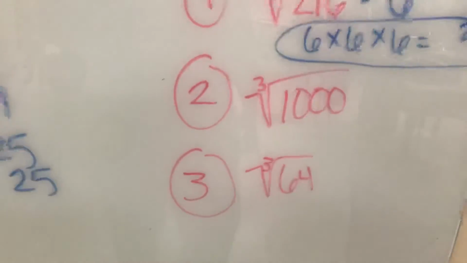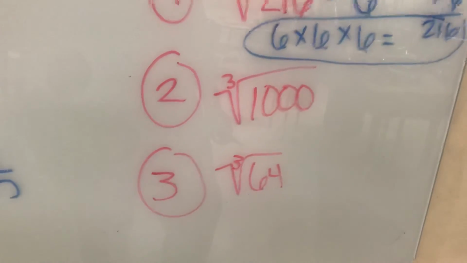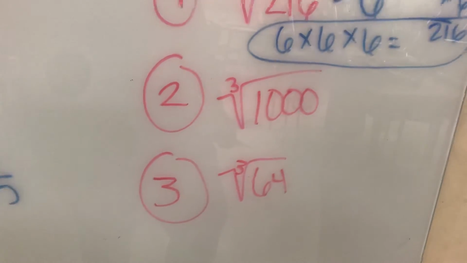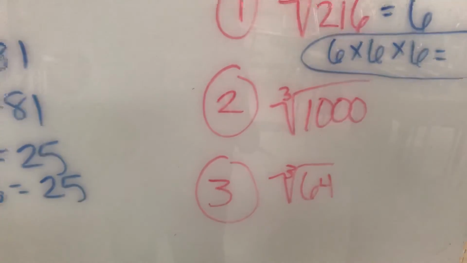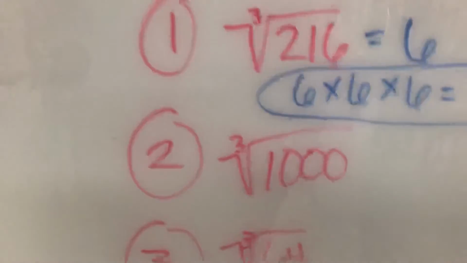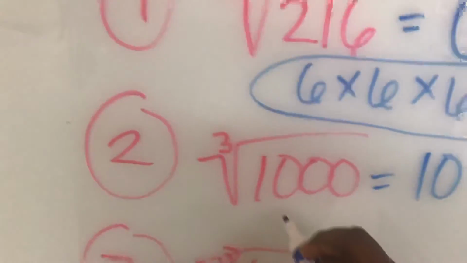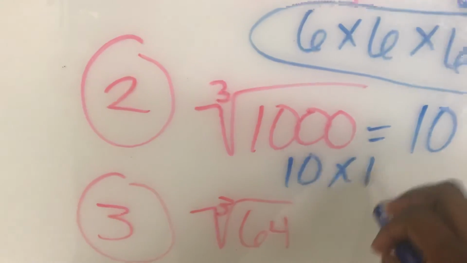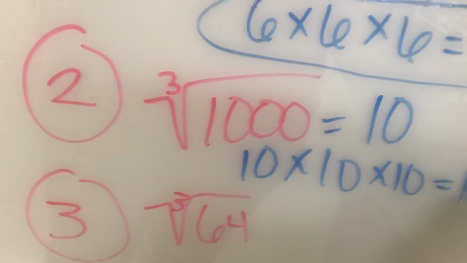And you guys can think of 64 as well while you're thinking of 1,000. Okay. So what you should have got was 10. 10 times 10 equals 100, but 100 times 10 equals 1,000.